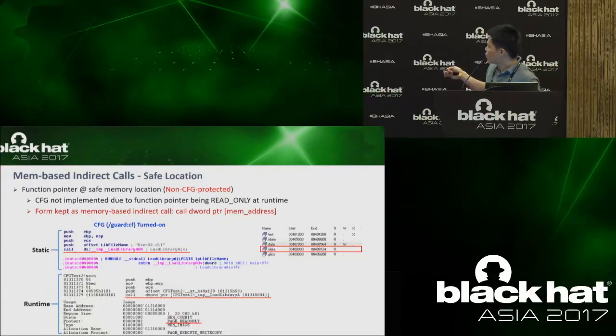Here, the function pointer is read-only. So in this case, even though CFG is turned on, the compiler doesn't insert a safe check function before this memory-based indirect call.